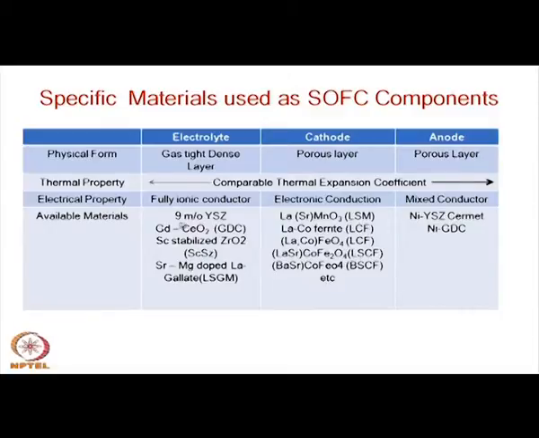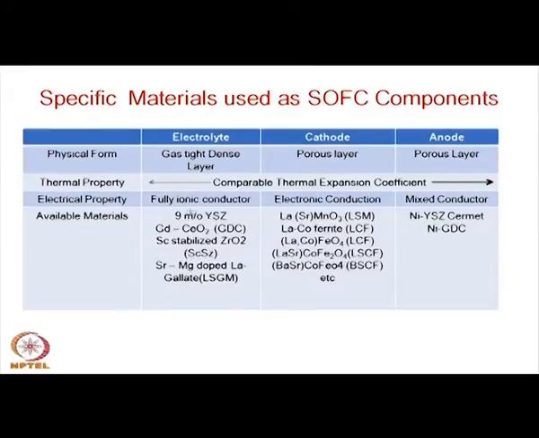It has a cubic fluorite structure. So you have to stabilize the cubic fluorite structure so that you get a sufficient amount of oxygen ion vacancies and fairly large ionic conductivity, or oxygen ion conductivity.